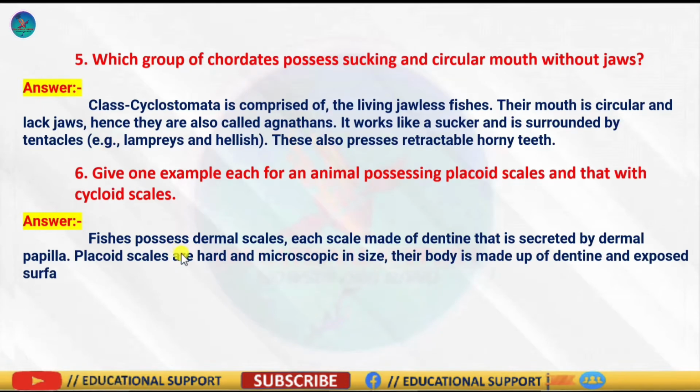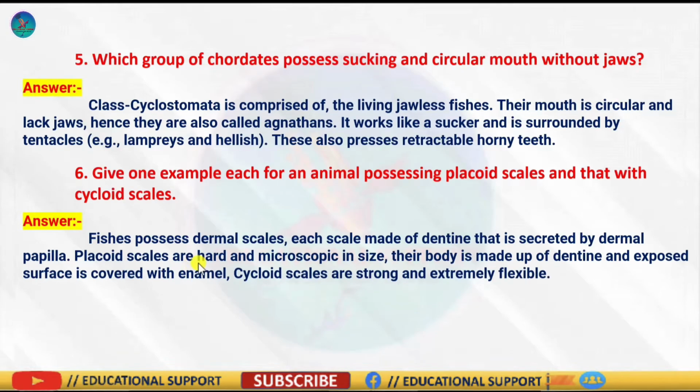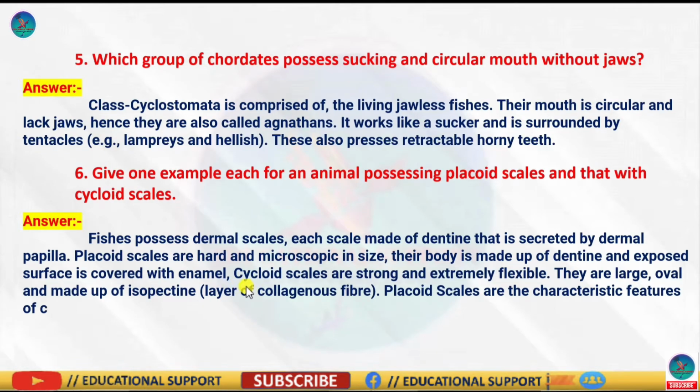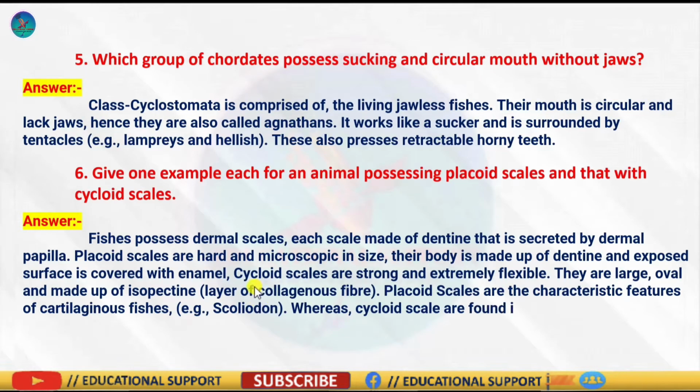Placoid scales are characteristic of cartilaginous fishes, for example Pristis, Trygon, Torpedo. Cycloid scales are strong and extremely flexible, large, oval and made up of isopectin, a layer of collagenous fiber. Cycloid scales are found in bony fishes, for example Labeo, Catla, Clarias.